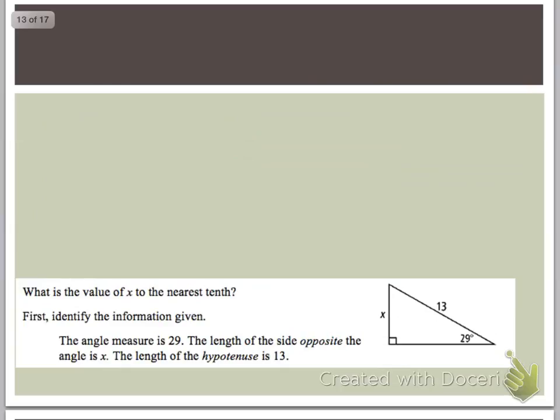So here is the angle that I'm coming from because that's what's given. This is my hypotenuse. This is my opposite. This is my adjacent. So the two things that I have information on are my hypotenuse and my opposite. So out of my SOHCAHTOA, which one includes opposite and hypotenuse? Sine does.